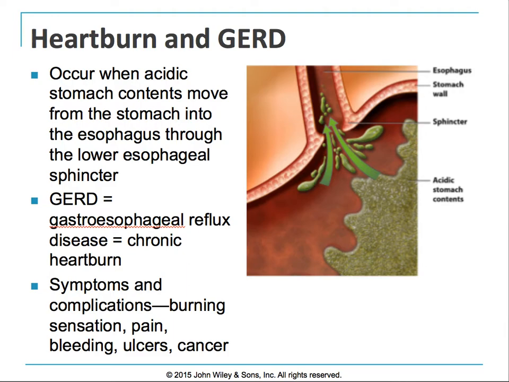GERD is an abbreviation for gastroesophageal reflux disease or chronic heartburn, and symptoms can include burning sensation, pain, some complications including bleeding, ulcers, and cancer in really, really high damage cases.